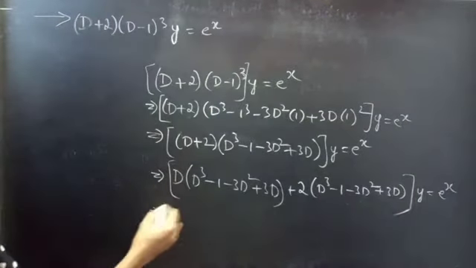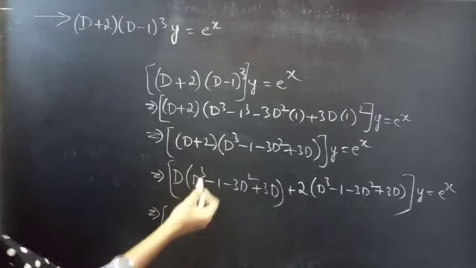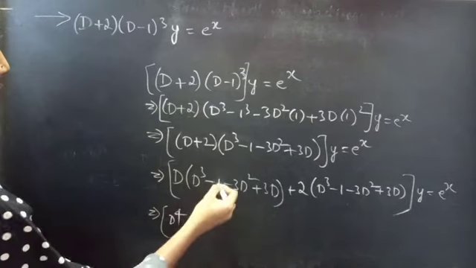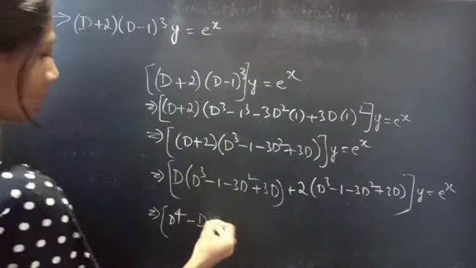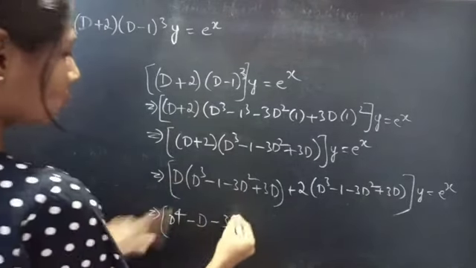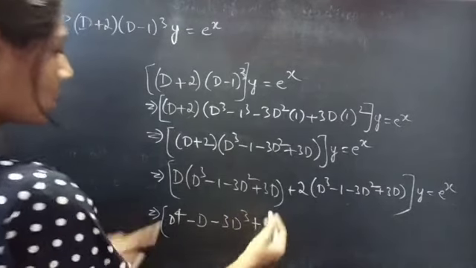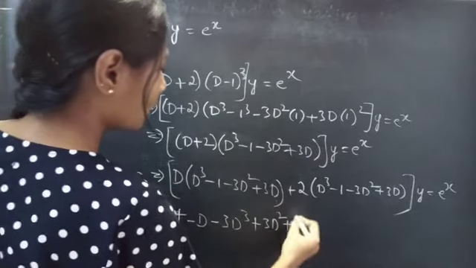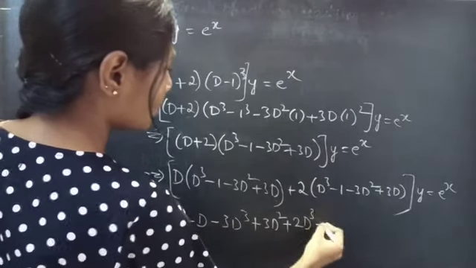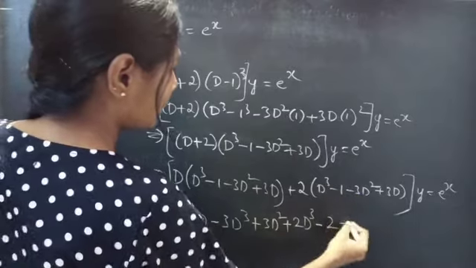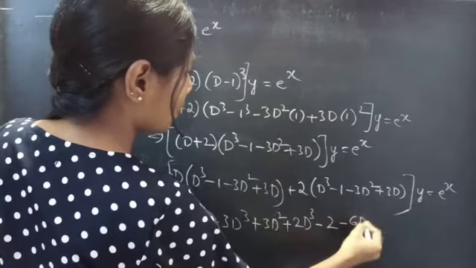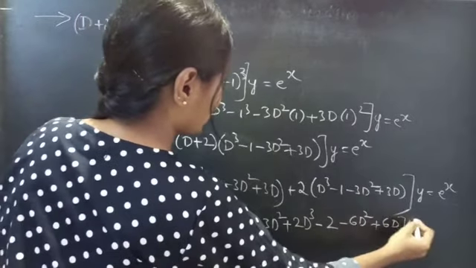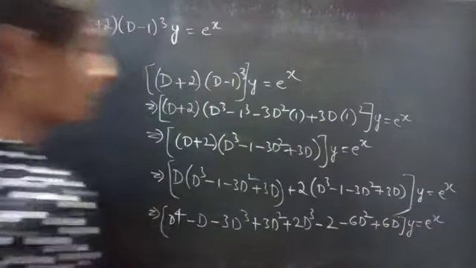So from this we'll get D into D^3 is D^4, minus D into 1, minus 3D into D^2 is D^3, plus 3D into D is 3D^2, plus 2D^3, minus 2 into 1 is 2, minus 2 3s are 6D^2, plus 2 3s are 6D, into y equals e^x.